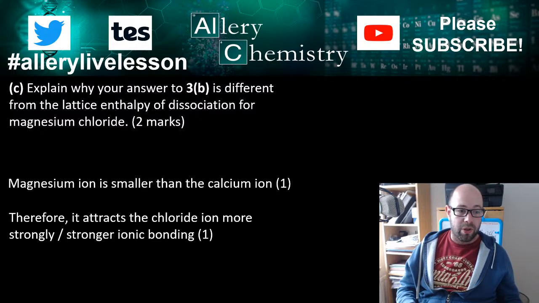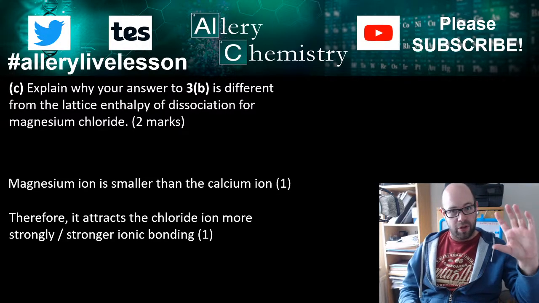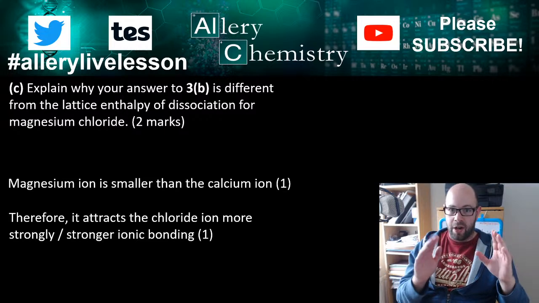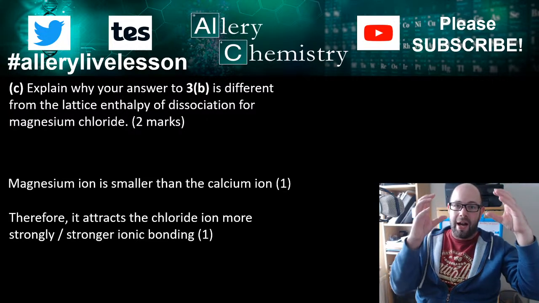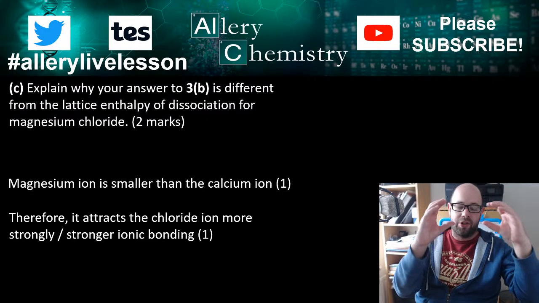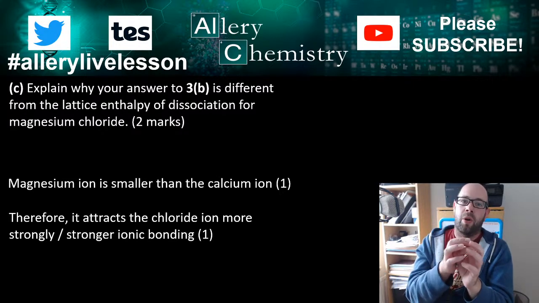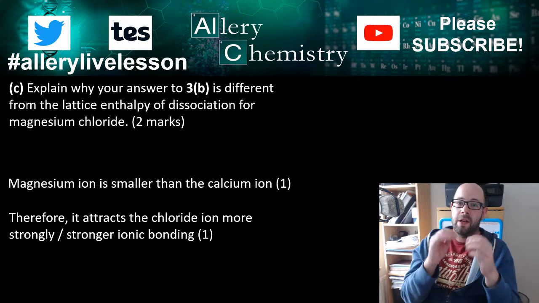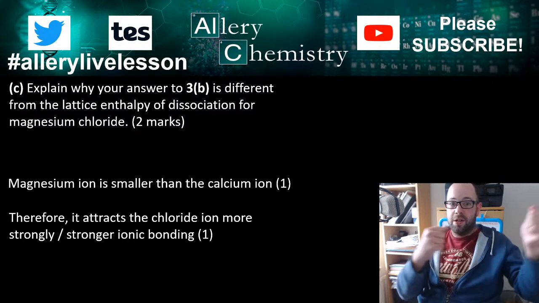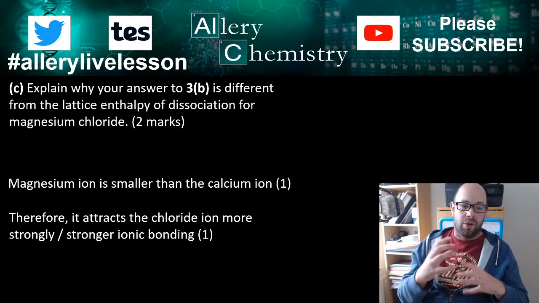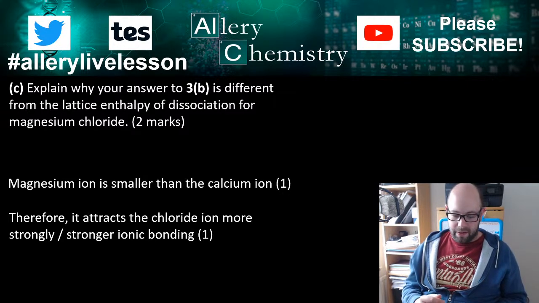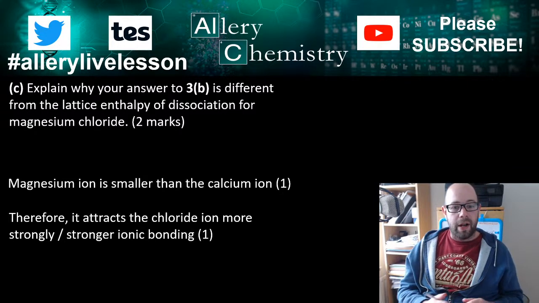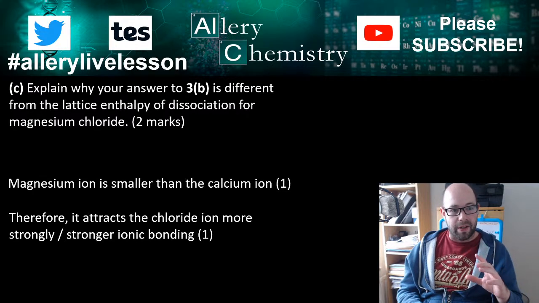Remember, both of these have a 2+ charge, so it's not about the charge, but magnesium's smaller, so you have a higher charge density. That charge is concentrated in a smaller area, and that means you've got a much stronger attractive force between the ions. So it's going to take a lot more energy to break them apart, isn't it? So it's all about the size of the ions there. Give yourself 2 marks if you've got that one.